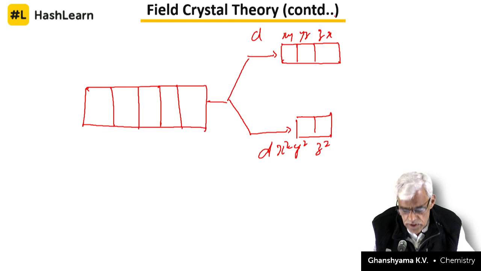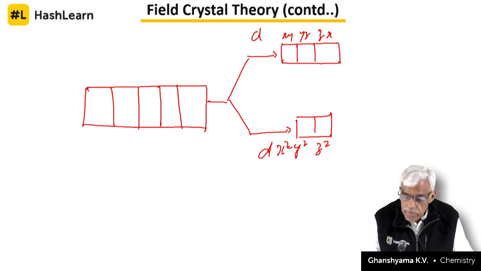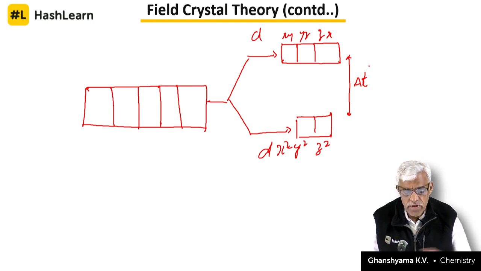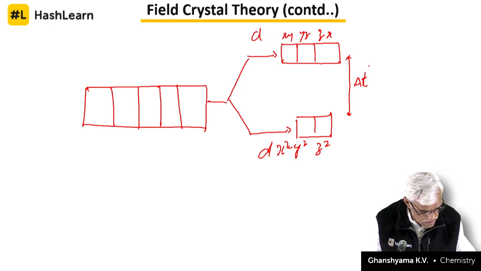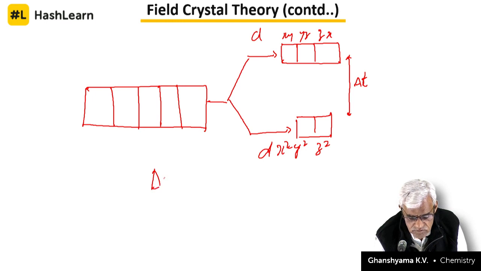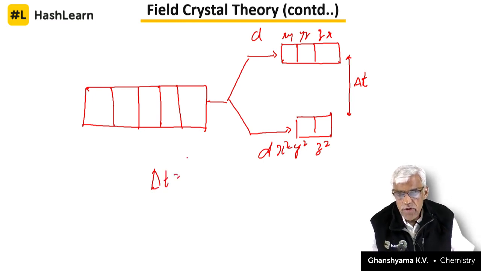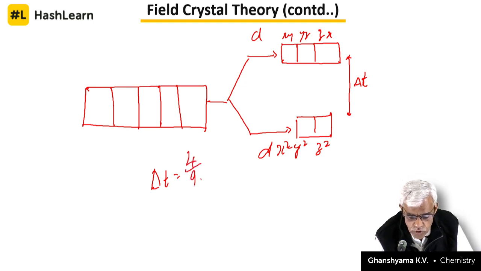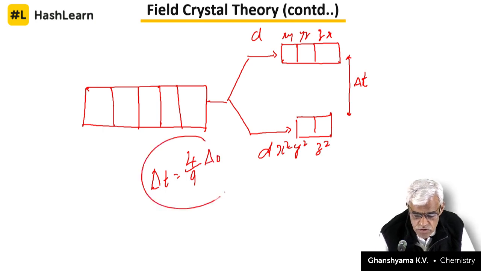Exactly, it is reversed. But here the splitting energy is called delta t, small t, for tetrahedral. This delta t is found to be 4/9. The crystal field splitting energy is very small, not even 50% of delta 0.